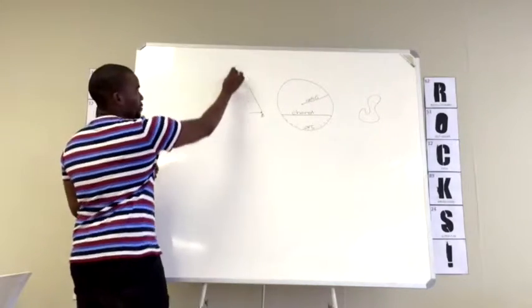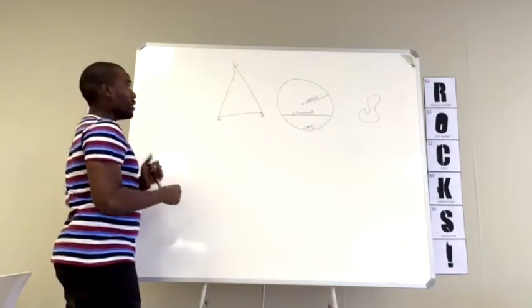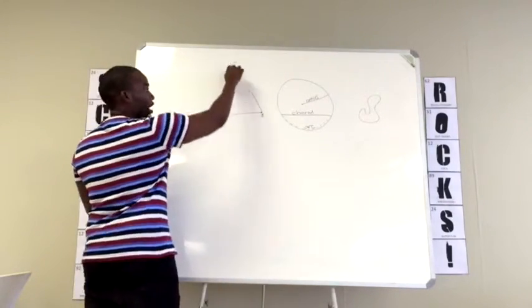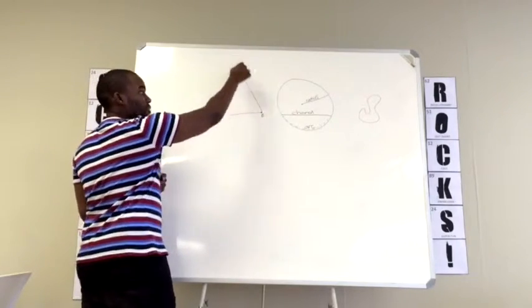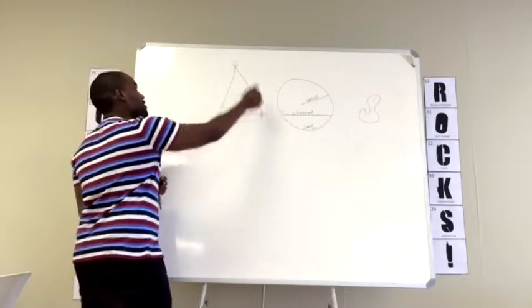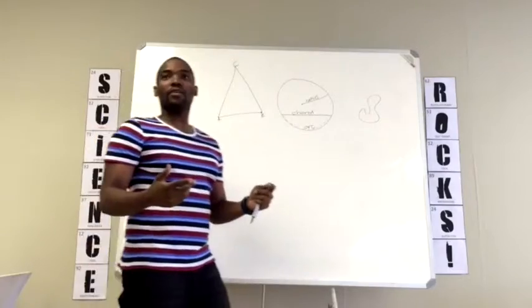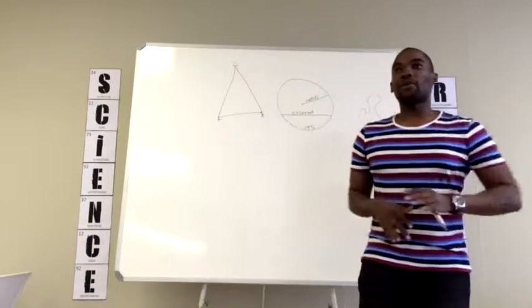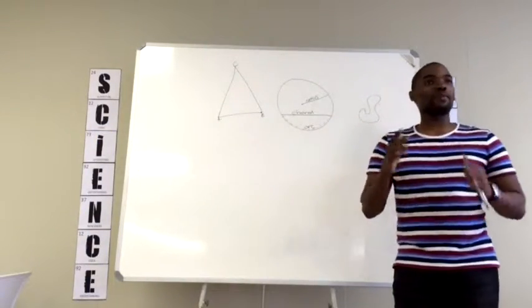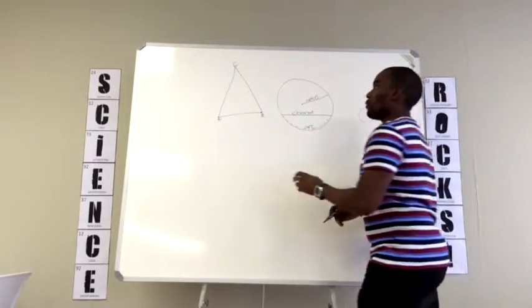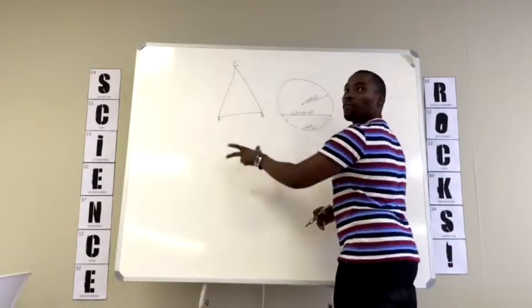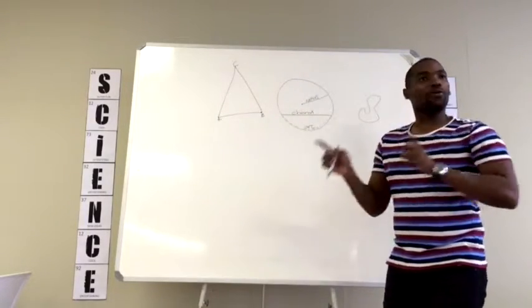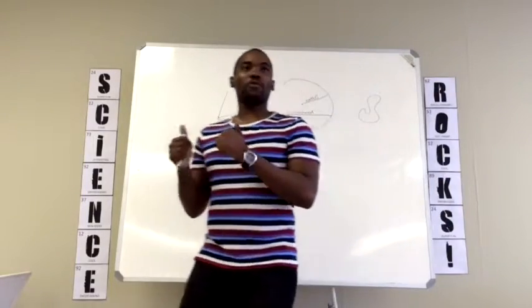So line AB will support that angle over there. So line AB will subtend angle C. Line AC will subtend angle B. Line BC will subtend angle A. Does that make sense? So when I speak of this chord or this arc subtending an angle, it means that at the base, where that angle is formed, you will find this line or this chord or this arc. You guys with me?